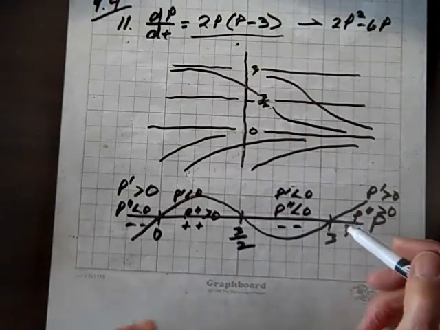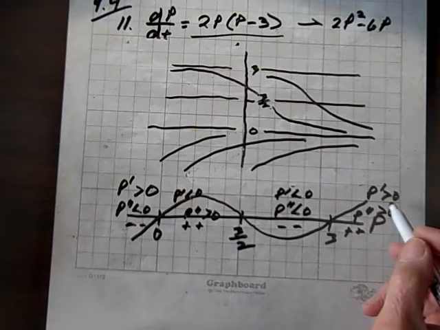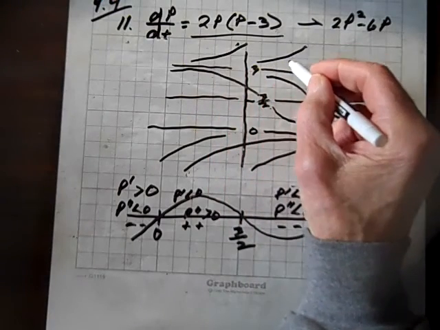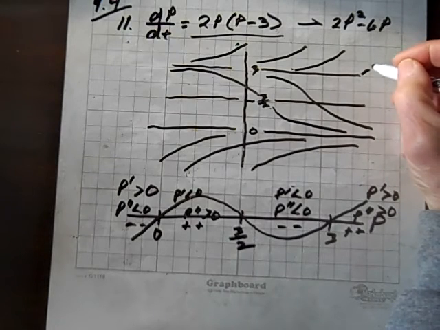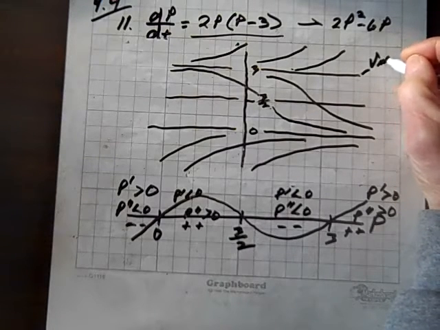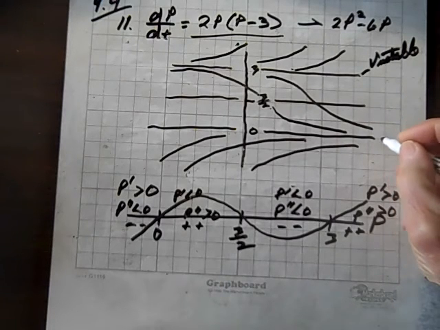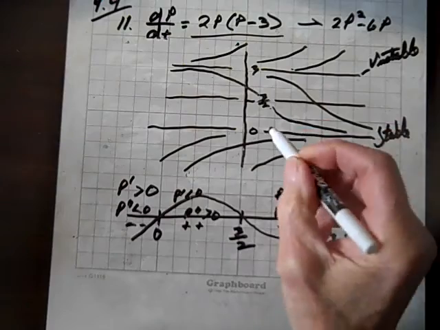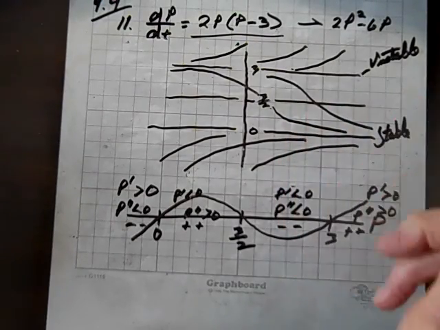Okay, and if we're above 3, then the concavity's up and the slope is up, and so consequently, this is unstable, and 0, the equilibrium 0, is stable. This is attracting, whereas this is repelling, and we're done.